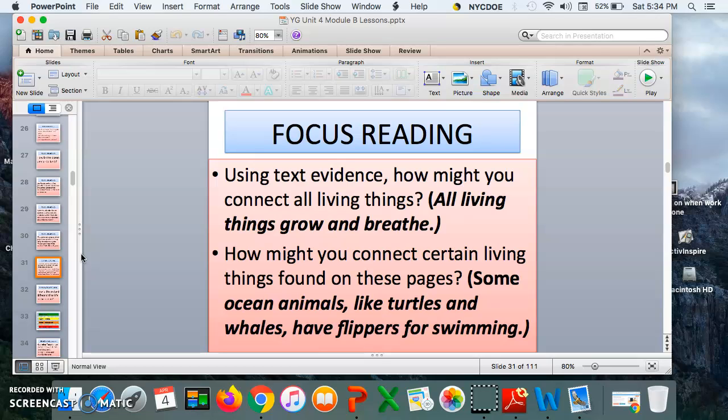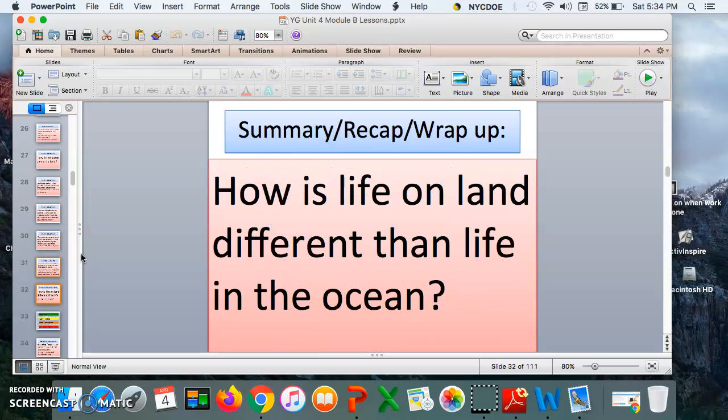Once you're finished with your task card, I just want you to focus on this next question. How is life on land different than life in the ocean? Based on what you've read today, how is life on land different than life in the ocean?